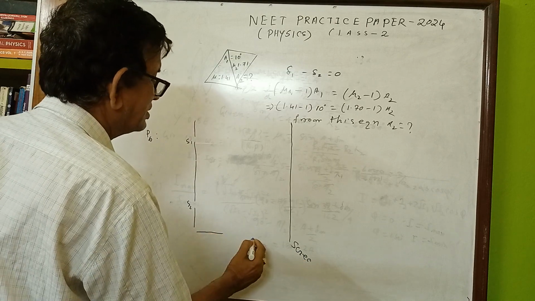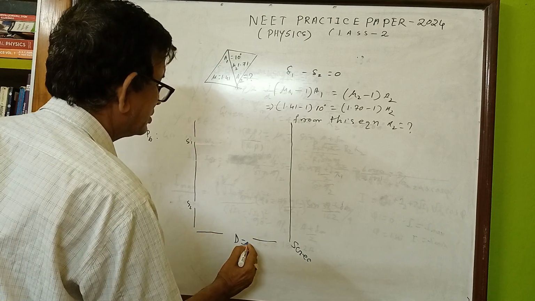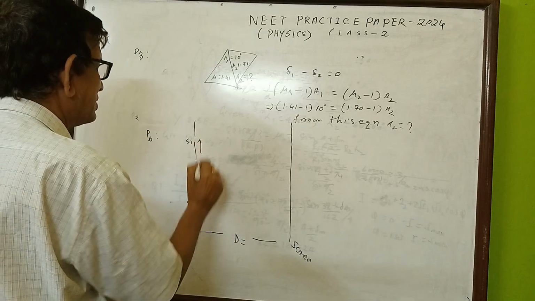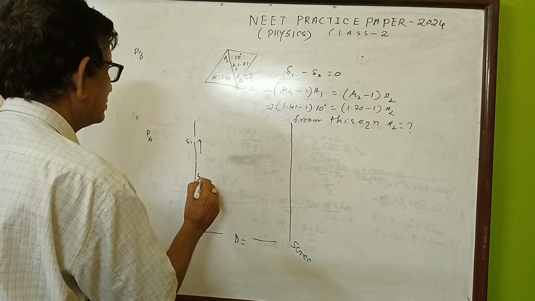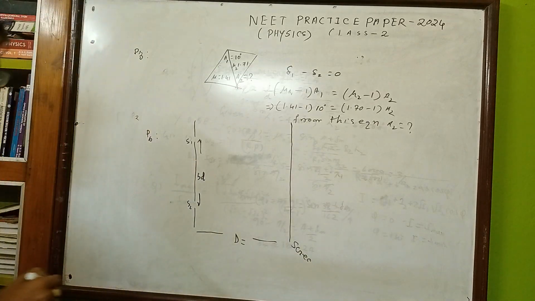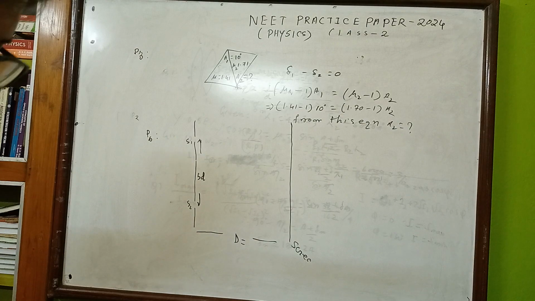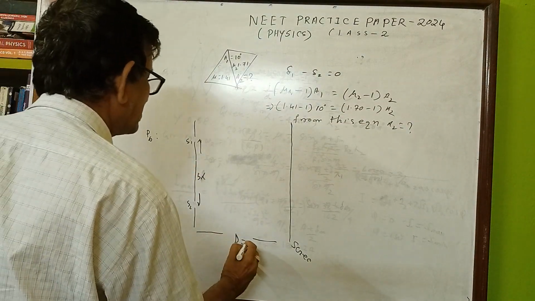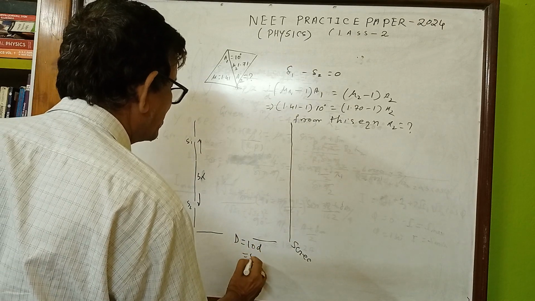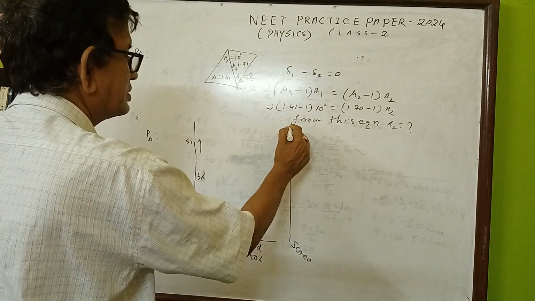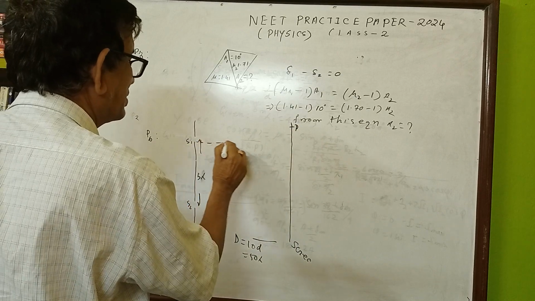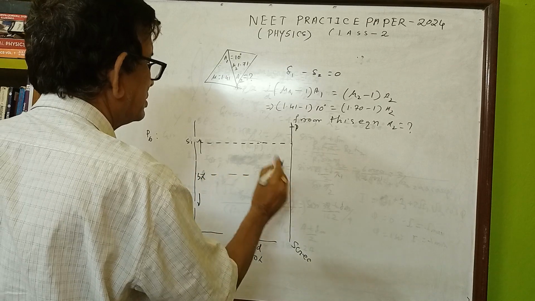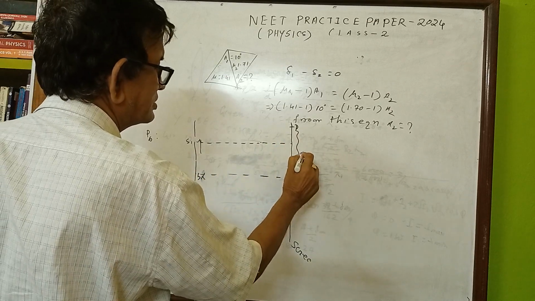The separation is d, and this separation is D equal to 5 lambda, that is D equals 10d, that means 50 lambda. Now this is the point P. They are asking what is the intensity in front of the point. Suppose this is the x.